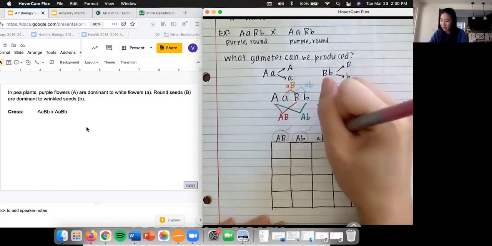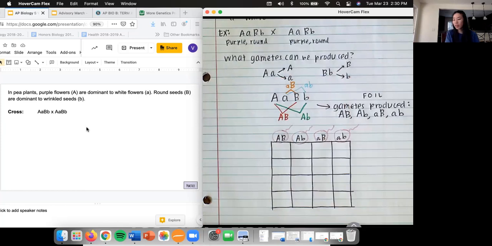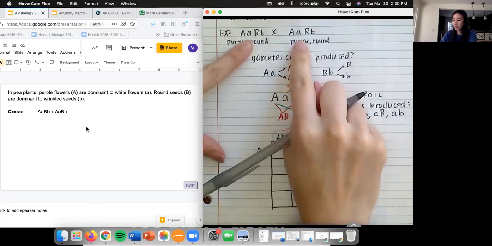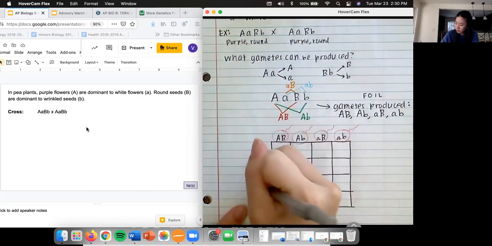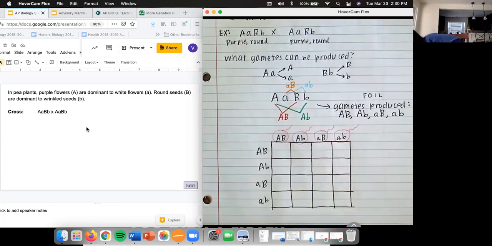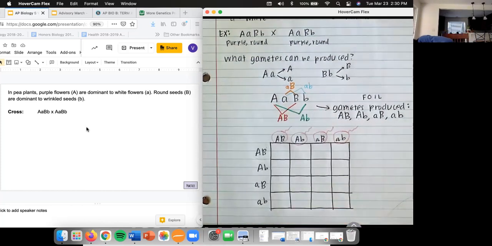Remember, these are gametes being made. And then the other parent goes along the other side, but since they're both heterozygous, it's going to be the same gametes. Big A, big B. And then here are the other gametes, so egg cells.